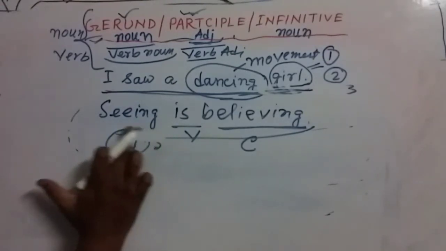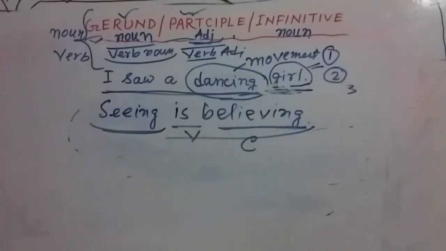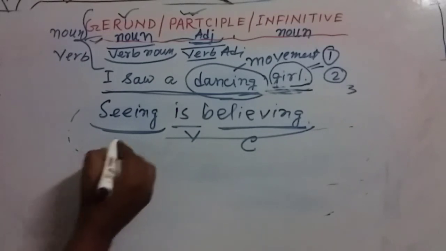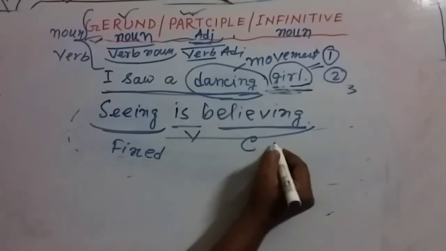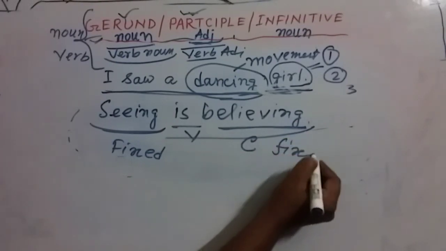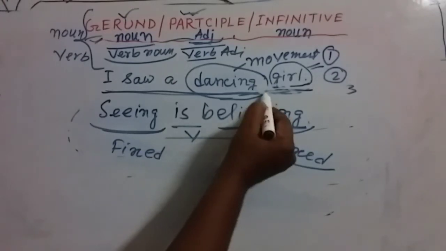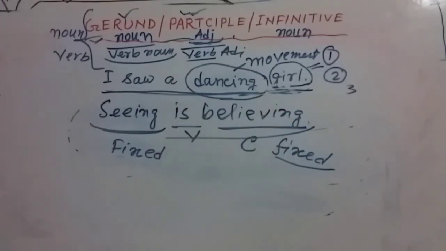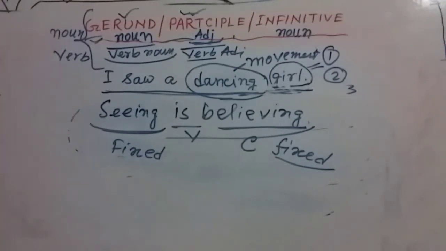Here this one, seeing is believing. This one is fixed and this one is also fixed. That means we cannot find movement in these two words, but here we can find movement. I saw a dancing girl, it means the girl is dancing.